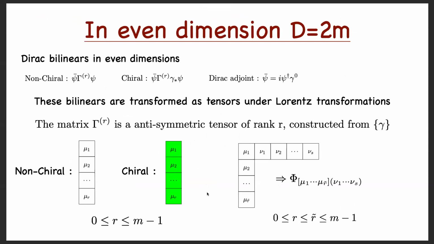In any dimension, two types of Dirac fermions are possible. One has a gamma star, and this gamma star is only possible in even dimensions. And this gamma will be the metric tensor. And this transforms as a tensor product of spinors under Lorentz transformation.